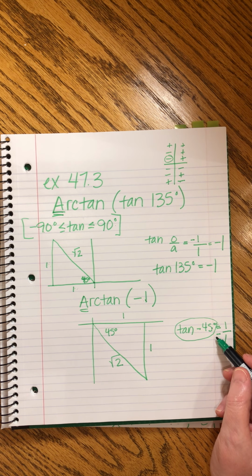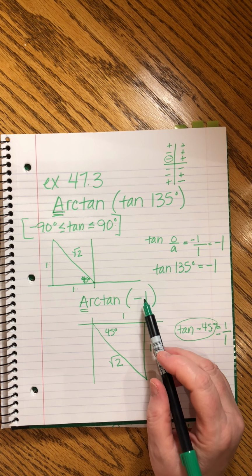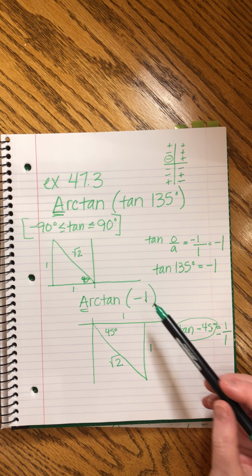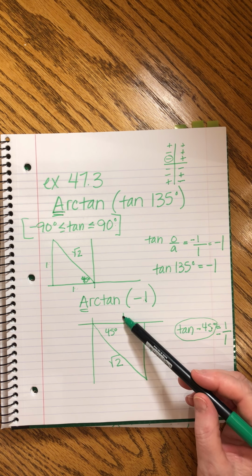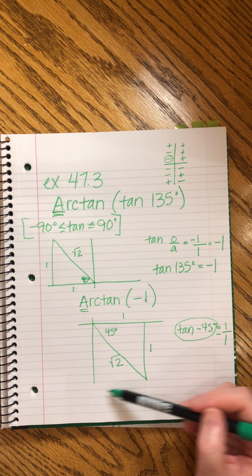Remember that with inverse functions, we know the decimal or the ratio. We're looking for the degrees. So just by playing with these triangles, we can see, oh look, this number must come from these two sides. We know it has to be in this quadrant, right?